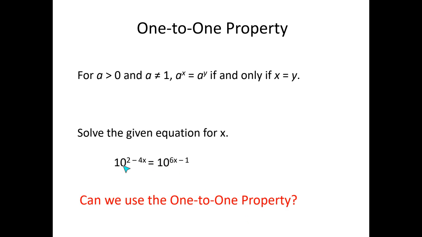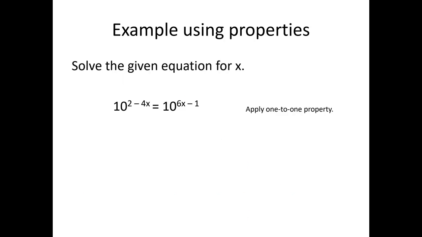So if I had 10 raised to the power of 2 minus 4x equals 10 raised to the power of 6x minus 1, since the base is 10 on both sides of the equation, then I can set the exponents equal to each other. So we're going to apply the one-to-one property. So I have 2 minus 4x is equal to 6x minus 1. Our next step would be to solve for x.